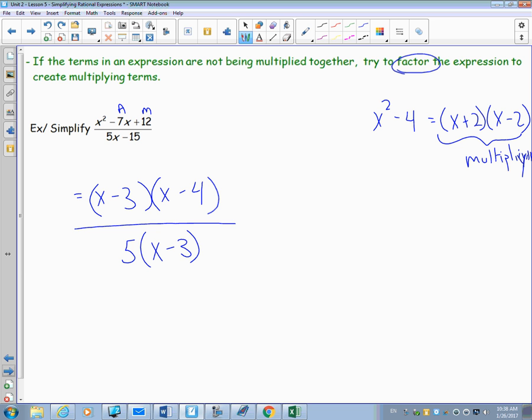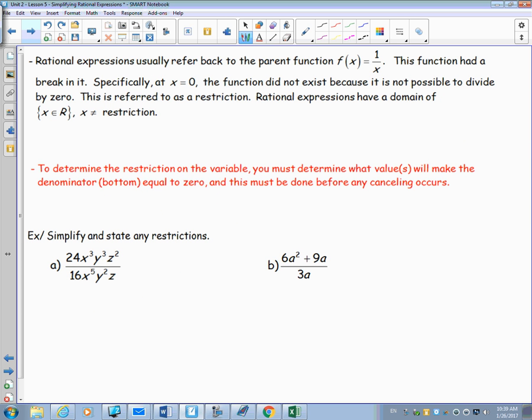And now I've turned an expression that would look like adding and subtracting into things involving multiplying. I can cancel if the same things show up on the top and the bottom. So I'm going to take this entire bracket, cancel it out with this entire bracket. And what will I be left with? On the top, x minus 4, and on the bottom, 5. Okay, that's a big idea again. That's our second one.